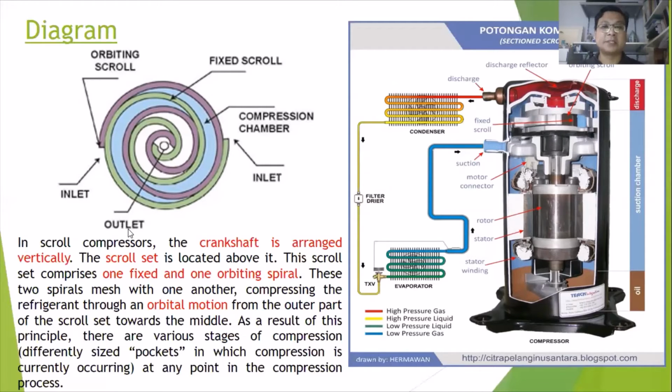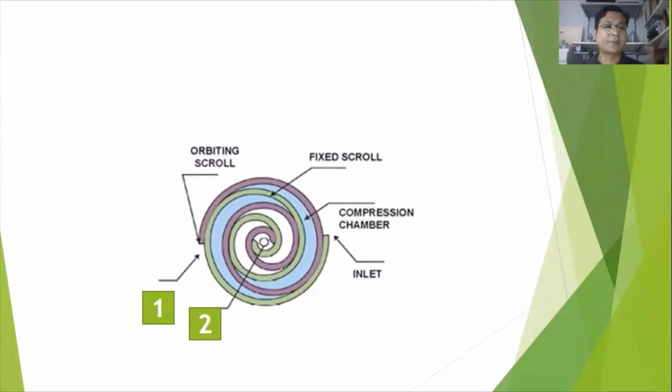So that's how the spiral works. Okay, we can see the structure of the scroll. We have the part names here: orbital scroll and fixed scroll.